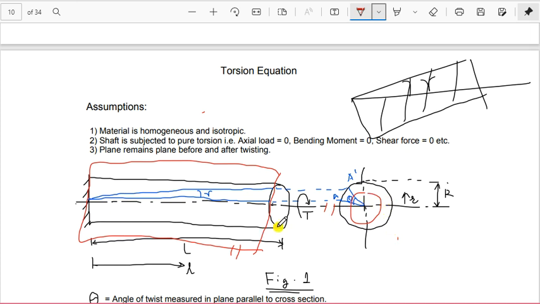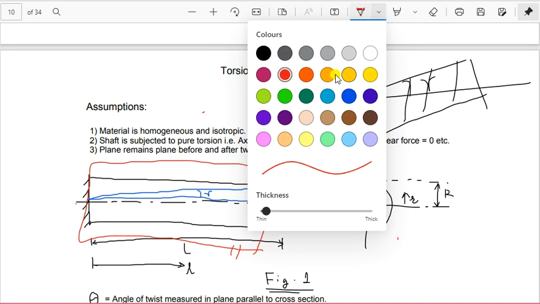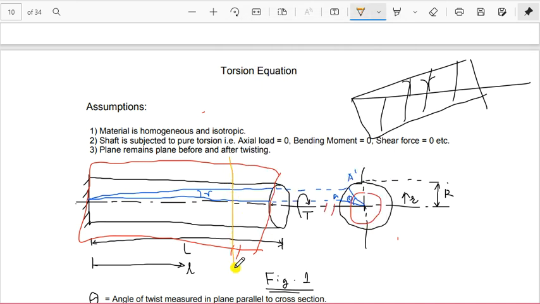But if I reduce the length, let us say here up to here, I will use another color. If I cut from here, you will find that the value of theta will reduce. How can we find? Let us say here is another circle. You can find that the value of theta will reduce.